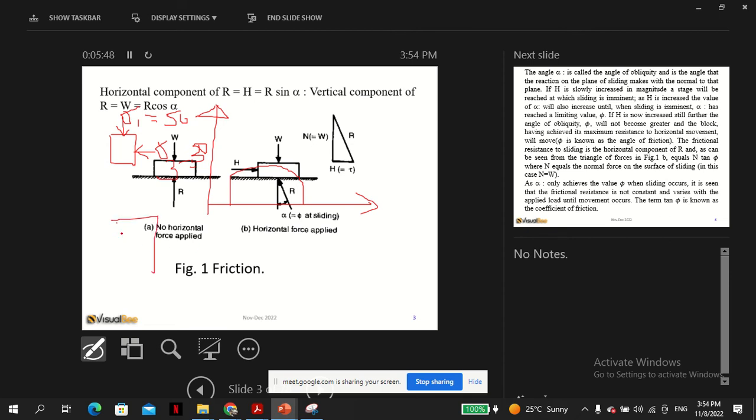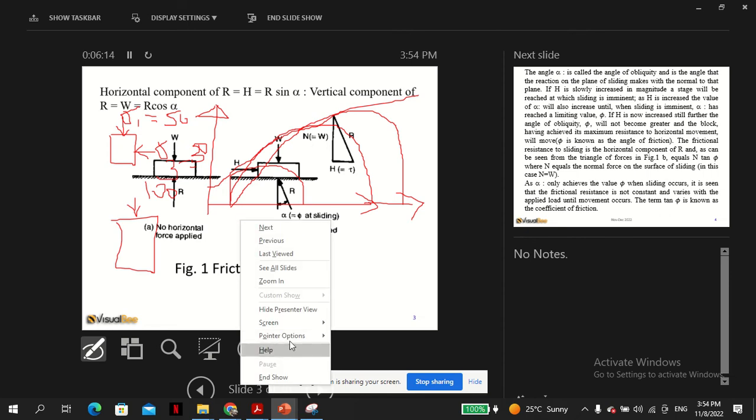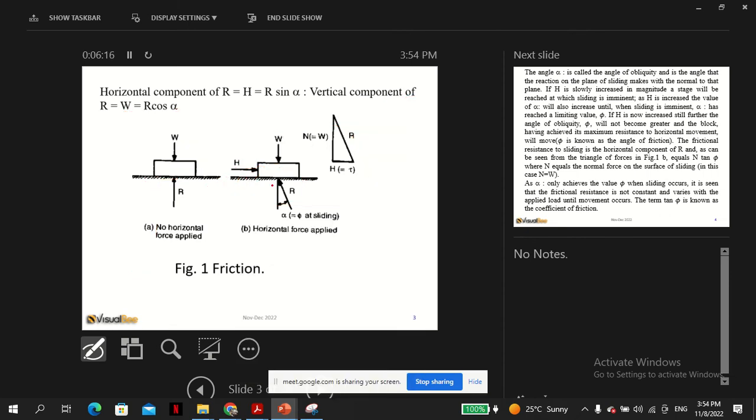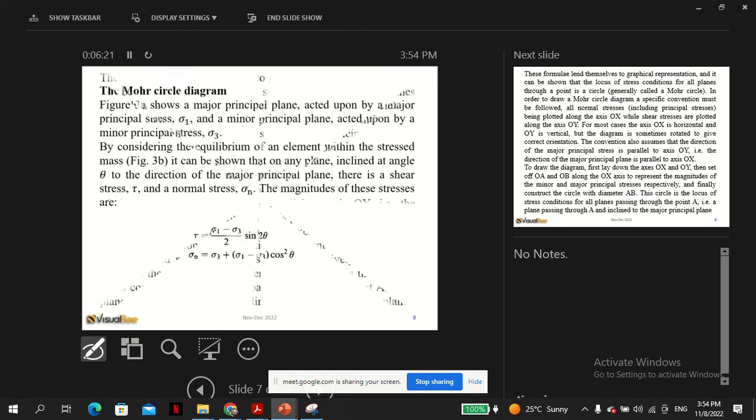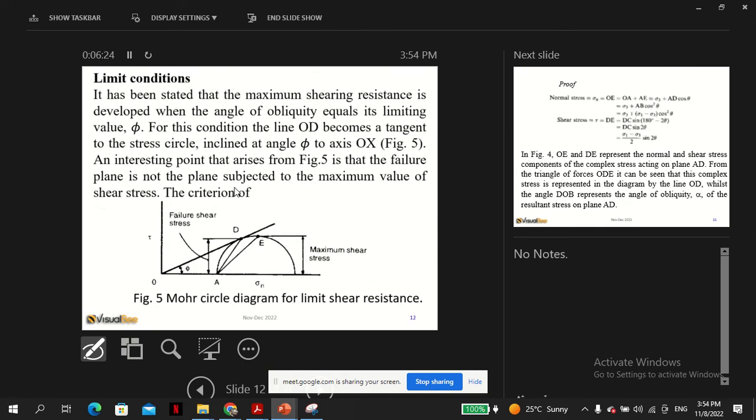Now when you increase this value, say to 100, you end up with a bigger circle. If you do another experiment with even larger values, you end up with an even bigger circle, and then you draw a common tangent. This is the idea: when you increase confinement, the shear resistance also increases, due to the explanation already provided.